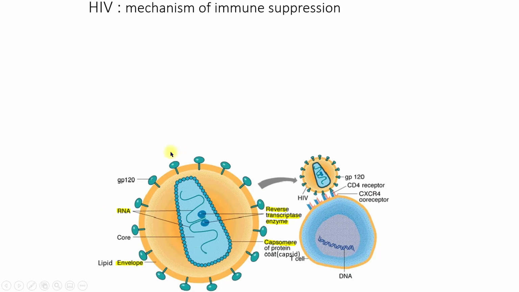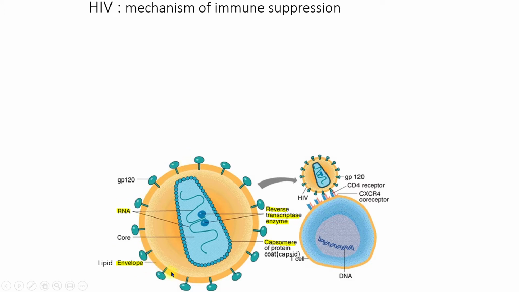Okay, right now HIV has a lipid envelope. This is to facilitate the fusion of the lipid envelope of the HIV into the host cell's plasma membrane. You know already, right? The host cell's plasma membrane is made from lipids, that consist of the dual layer of phospholipid.